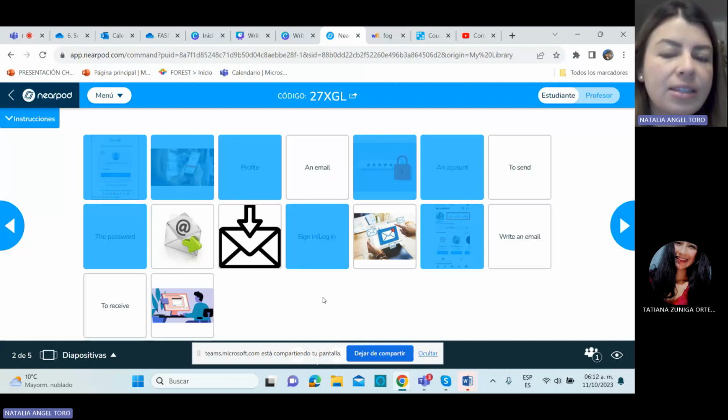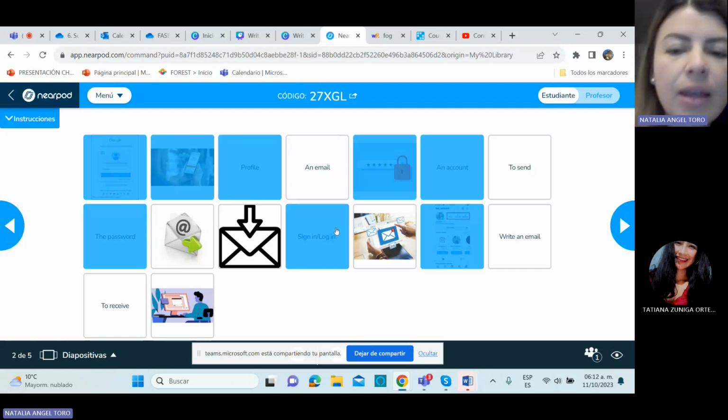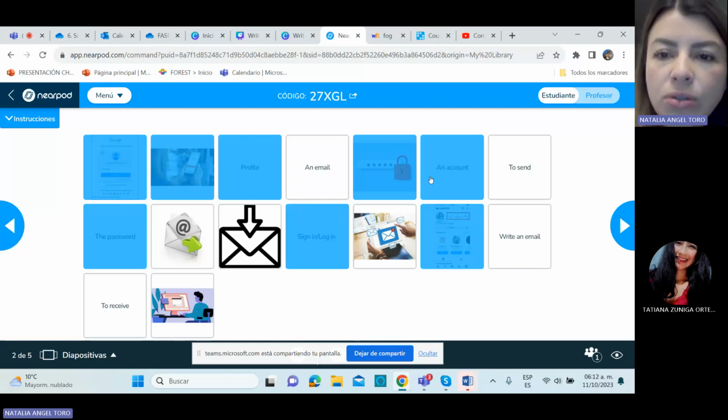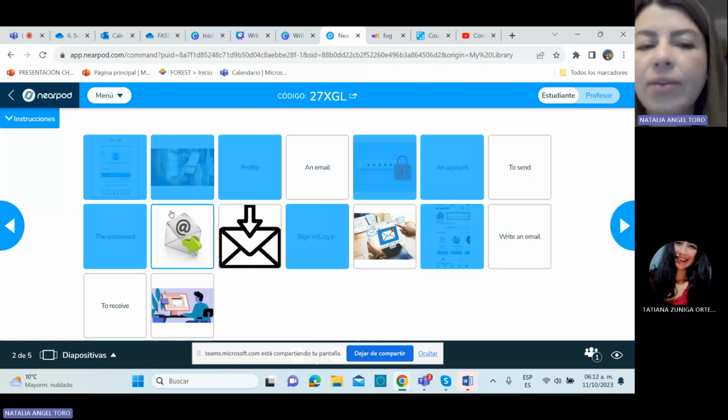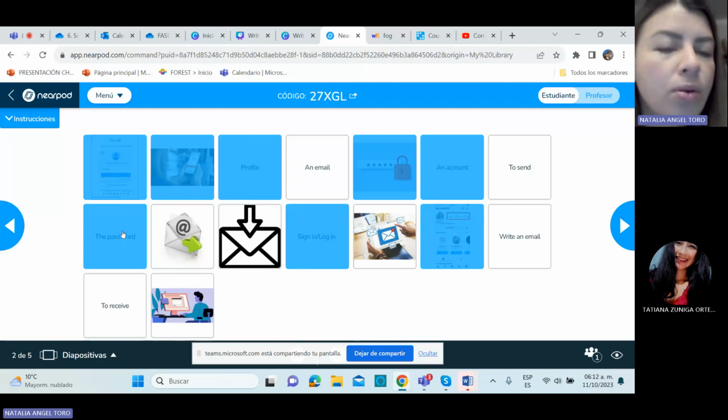So a profile is just a way to show personal information about yourself. Okay, so almost always we have to create a profile to have an account. So we have to create an account that has a profile, and we have to create a password or select a password to sign in or log in.